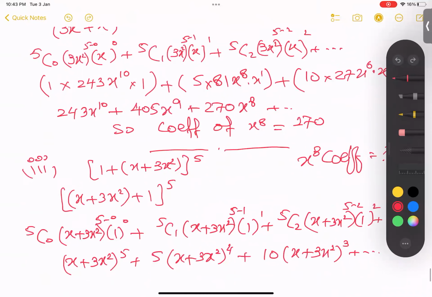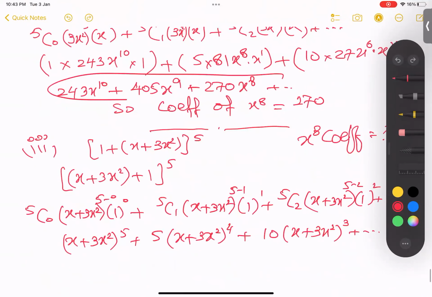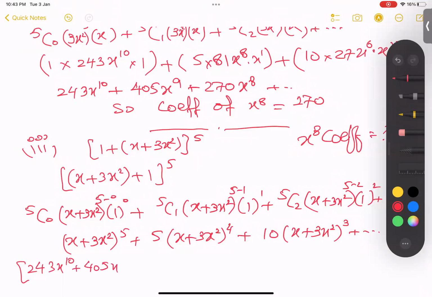So what I'm going to do, these 3 terms I'm copying in place of here, or even no need, but okay, I can write even all 3, no problem at all. 405 x to power 9 using help from the previous part plus dot, dot, dot. Okay, now this is done.